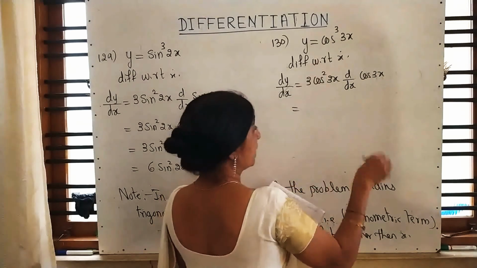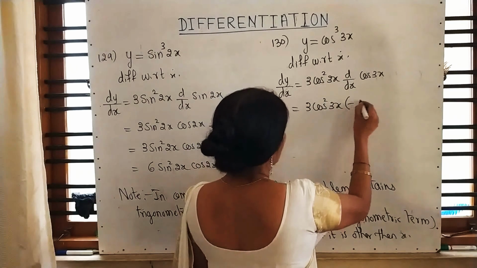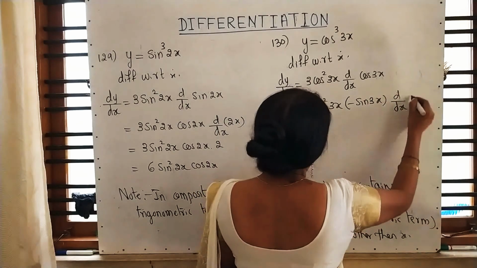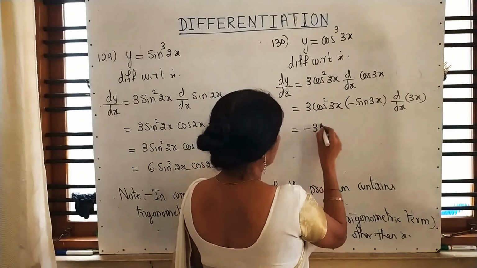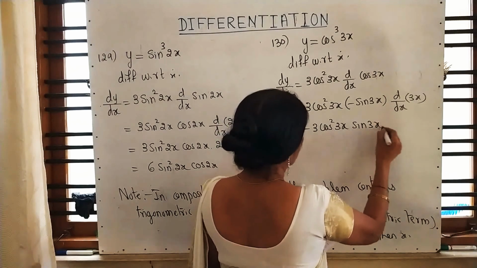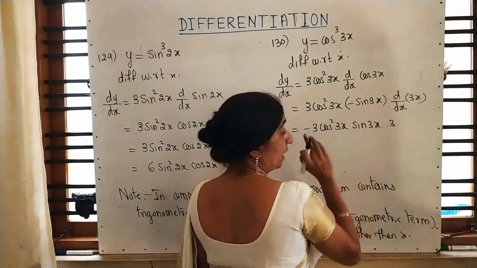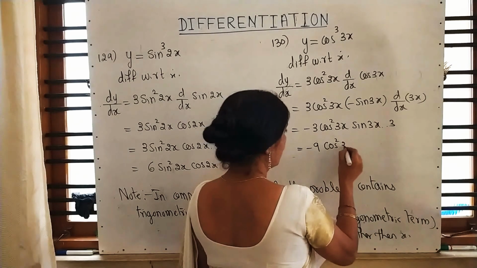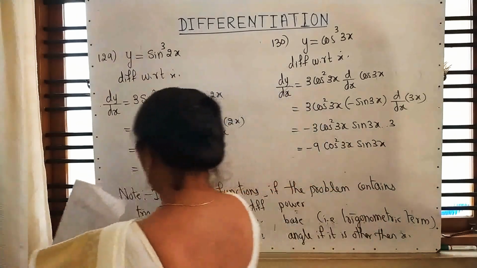So I am writing every differentiation separately, not in one line. Differentiation of cos 3x is minus sin 3x into differentiation of 3x. So this is minus 3 cos square 3x sin 3x. Differentiation of 3x will be 3, and I am not multiplying with the angle. So finally we got minus 3 cos square 3x sin 3x. Correct or not?